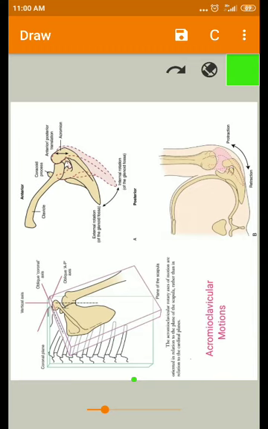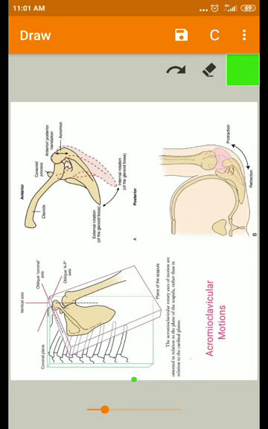Okay, how are these movements taking place? Internal and external rotation takes place on the vertical axis. This is the vertical axis. Here you can see this vertical axis. And anterior and posterior rotation, that is tilting, occurs on the coronal axis.